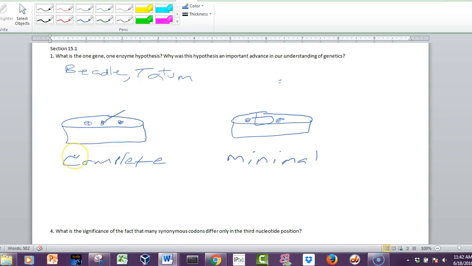If you think about even in humans, there are certain amino acids that we can make ourselves, and then there are some that we have to eat in our diet. And so this plate is providing all of the amino acids, and then this is missing amino acids.